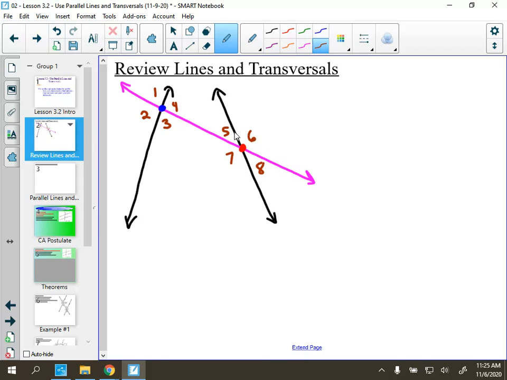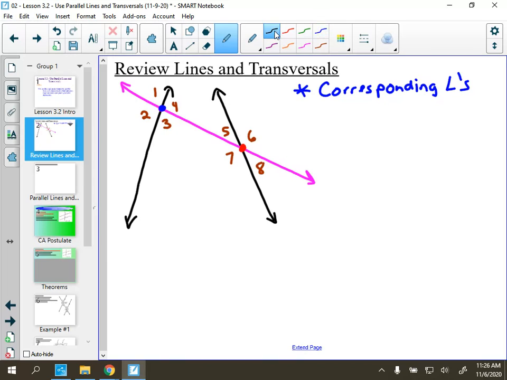In addition to those, we came up with four different types. Let's list them here. The corresponding angles. As a review, we need to be able to recognize these based on the previous lesson. Corresponding angles are angles that are in the same position in relationship to their line.